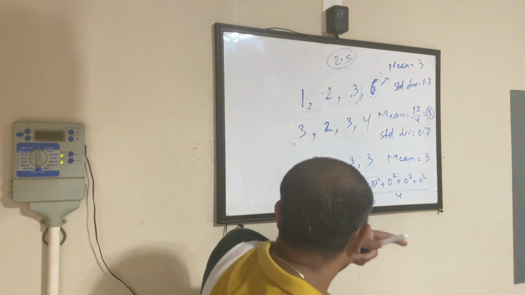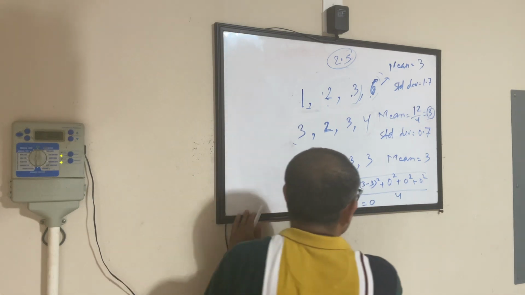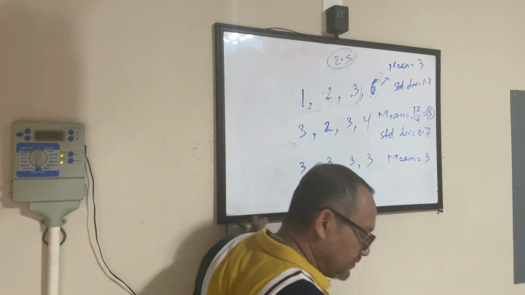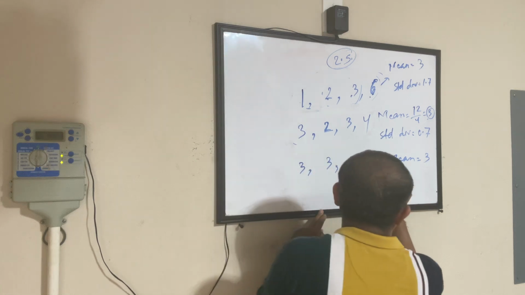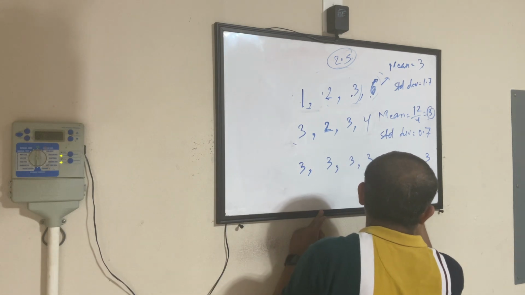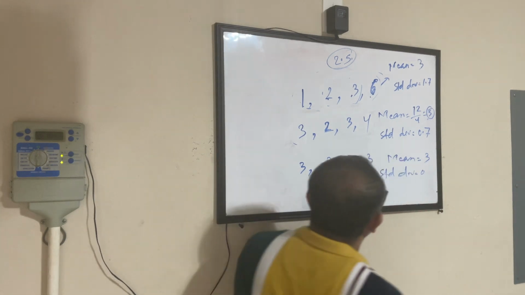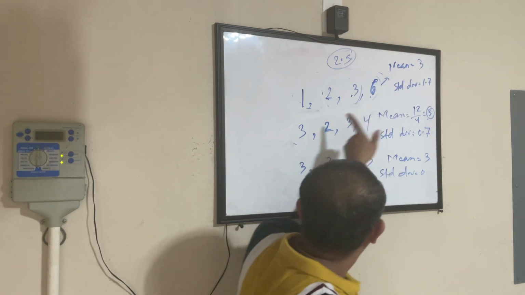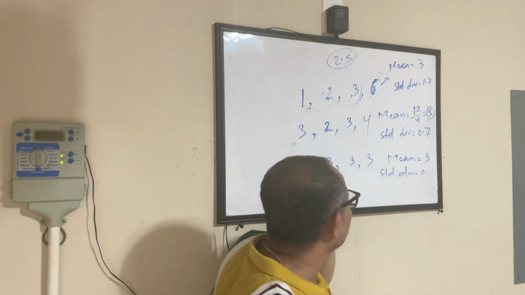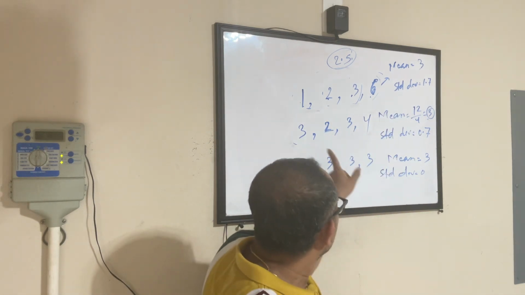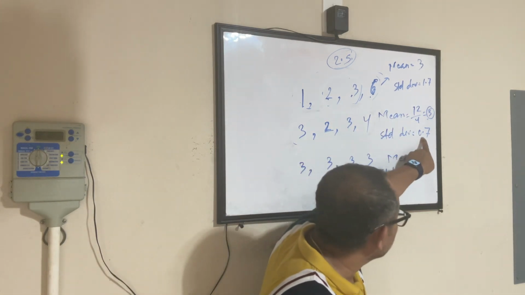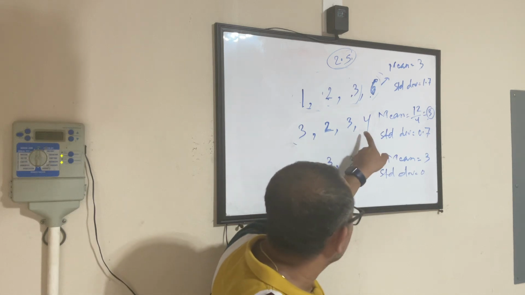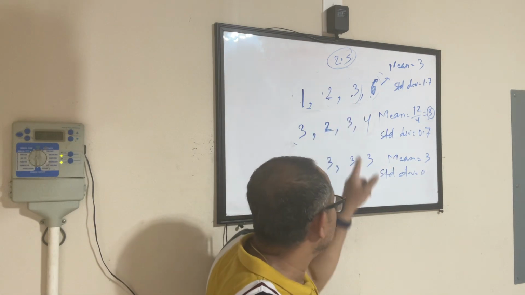Okay, now what is the meaning that is coming out of this? If you look at these 3 situations, here we got a standard deviation of 0. In the first situation, your standard deviation was 1.7, because the difference between the numbers was much more. Here the standard deviation got reduced to 0.7 because you are not fluctuating that much compared to the first set.